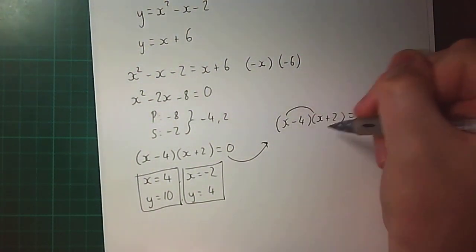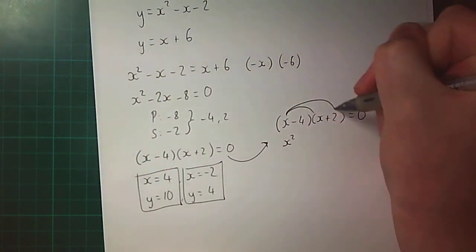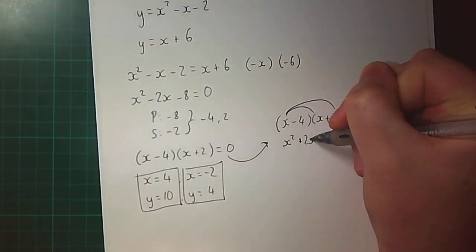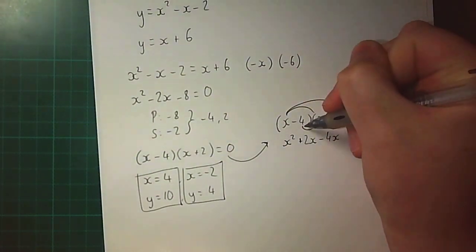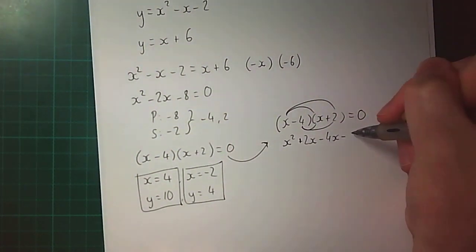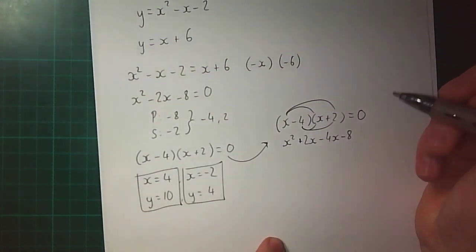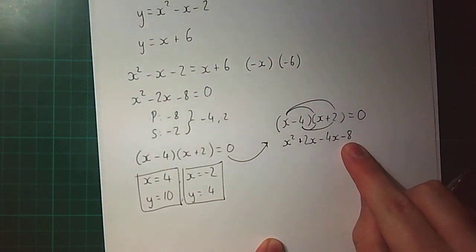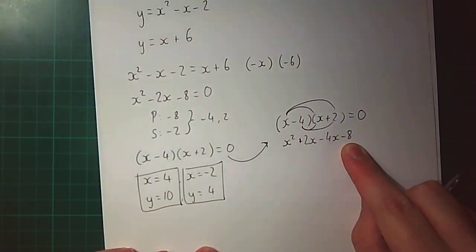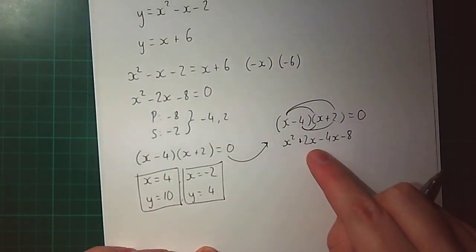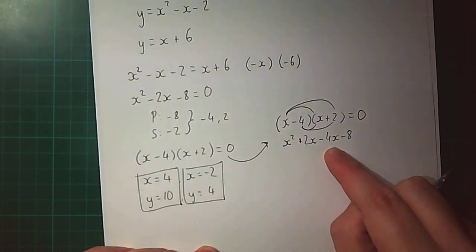We're going to have x times x is x squared, x times 2 is positive 2x, x times negative 4 is negative 4x, and negative 4 times 2 is negative 8. So already we can see there's our product from up here, because negative 4 times 2 is negative 8.